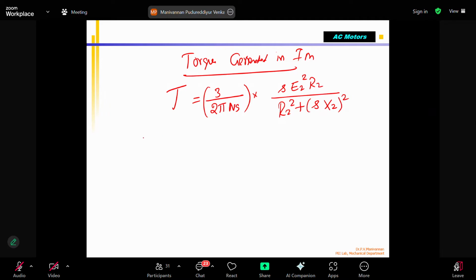Take down this formula. We are talking about 3-phase. Where S is called the slip. It will vary from 0 to 1.